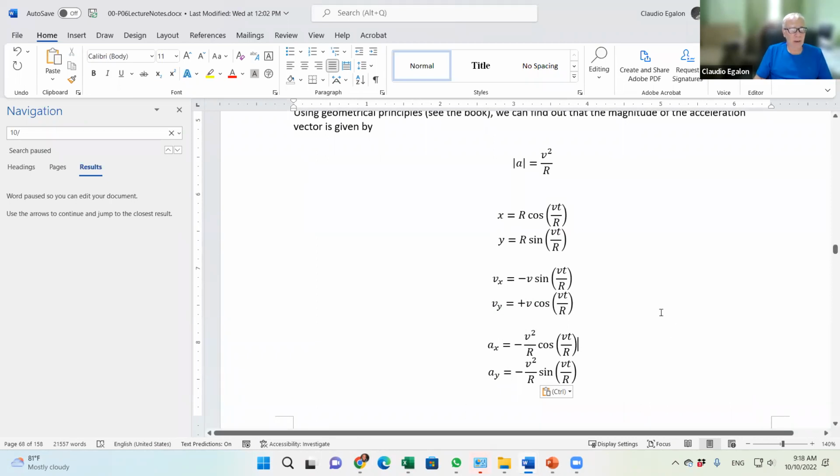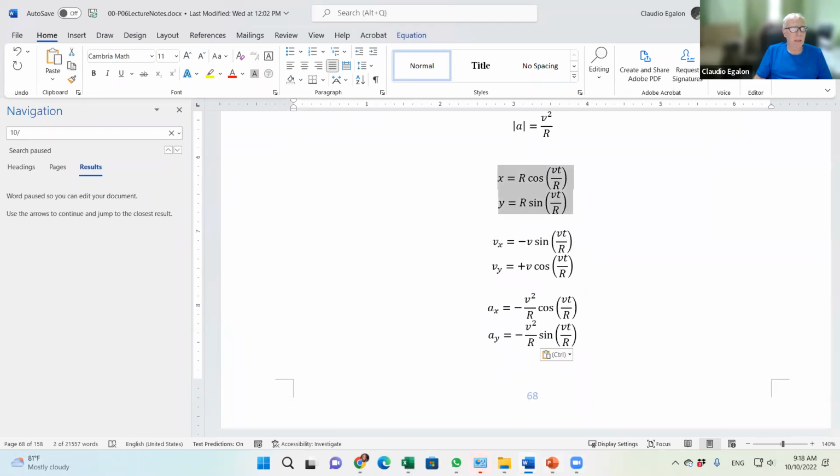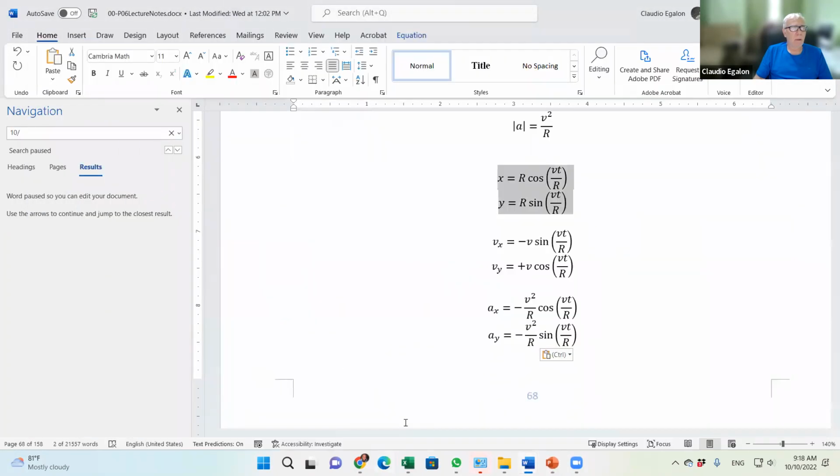If you don't want to go through the trouble of deriving, it's not going to be difficult to memorize. Why is that? Well, for x, all you have to do is know what comes here for x and y, and that can be figured out very easily just by projecting the R along the x and y axes, right? So you have cosine and sine for x and y coordinates.